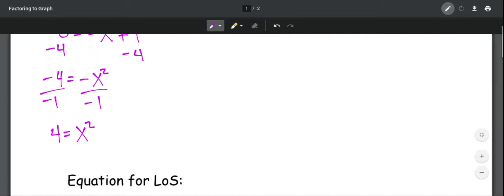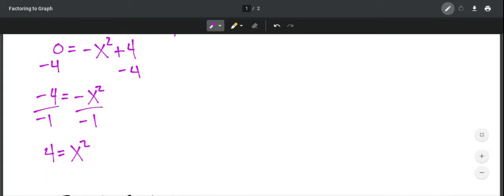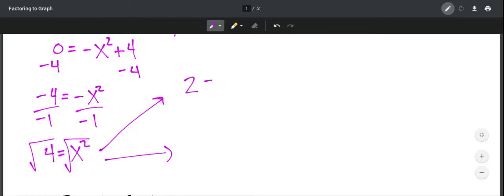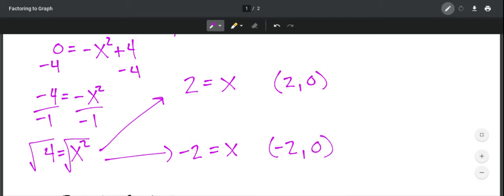When x squared is by itself, or the squared term, I should say, we are going to square root. And that's where we get two answers. So we get 2 equals x, negative 2 equals x. And because x is already by itself, that's it. So now our x-intercepts are 2, 0 and negative 2, 0.